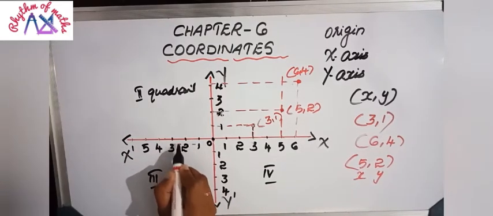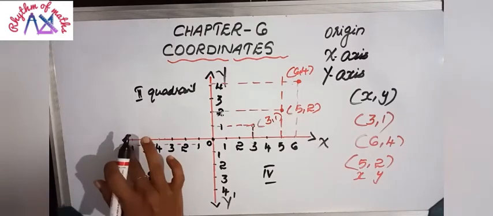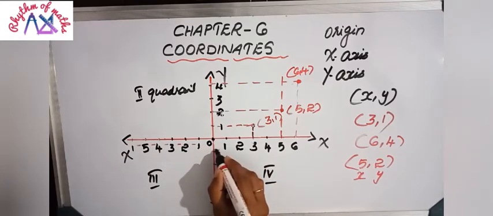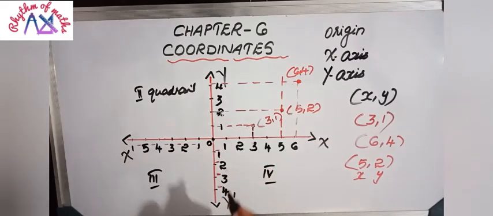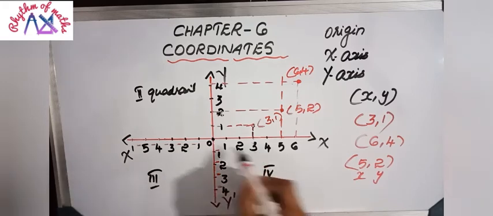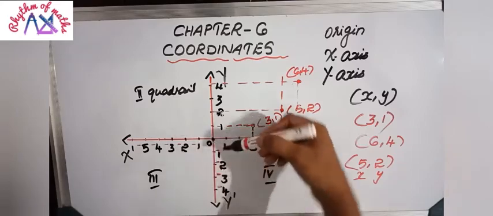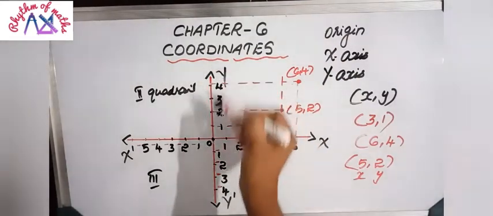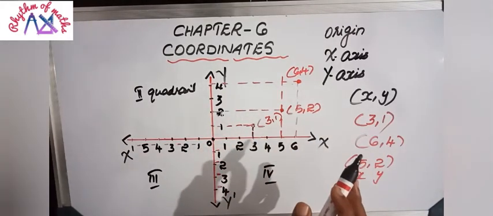Towards down also negative numbers, -1, -2, -3, -4, like that. This is a way to draw the number line. Towards right positive numbers, towards left negative numbers, towards up positive numbers, towards down negative numbers. The L shape is fully positive, the remaining will be negative. Like that you can identify.